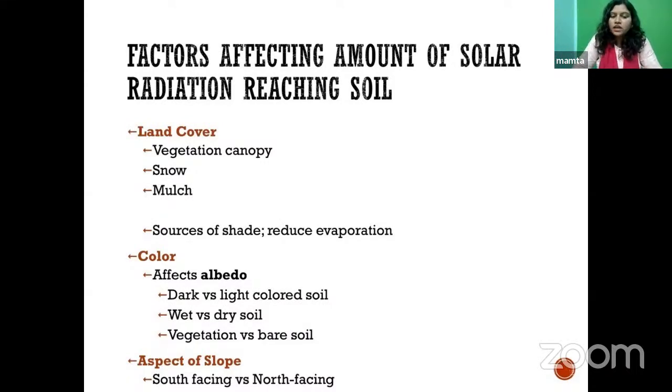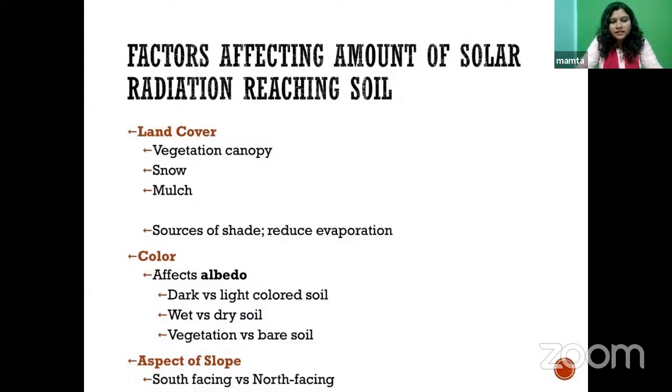And snow has a very high albedo value, I think 90%, so it reflects 90% of solar radiations, so it also decreases the radiation reaching the soil. And mulching also has an effect. We will discuss mulching later on.